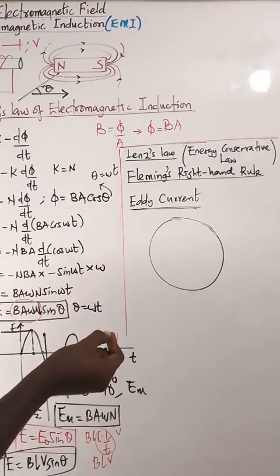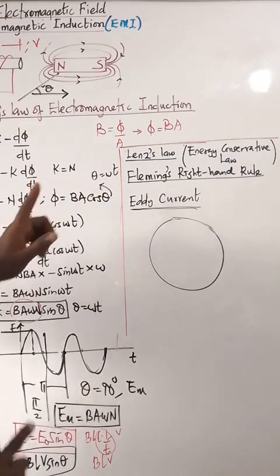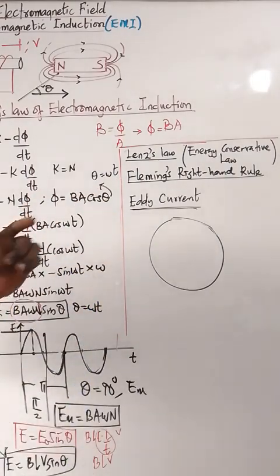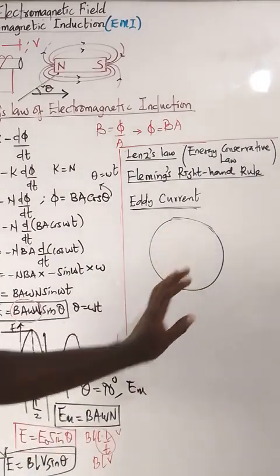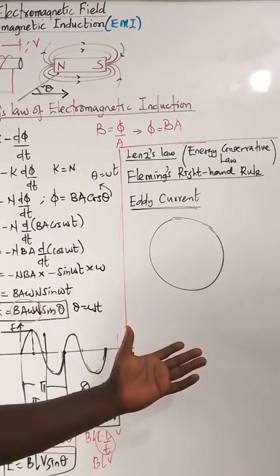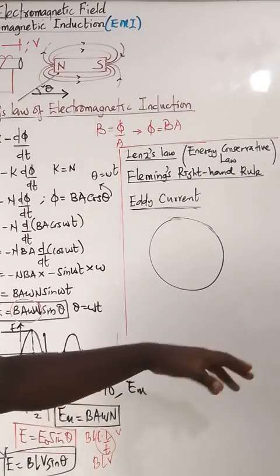There will be an induced EMF. That induced EMF, according to Lenz's law, opposes the change that causes it. So in turn, that induced EMF will cause a current to flow through this metal sheet. And when current flows through a metal or any conductor, heat is generated due to the resistance. So in that case, energy is going to be lost.